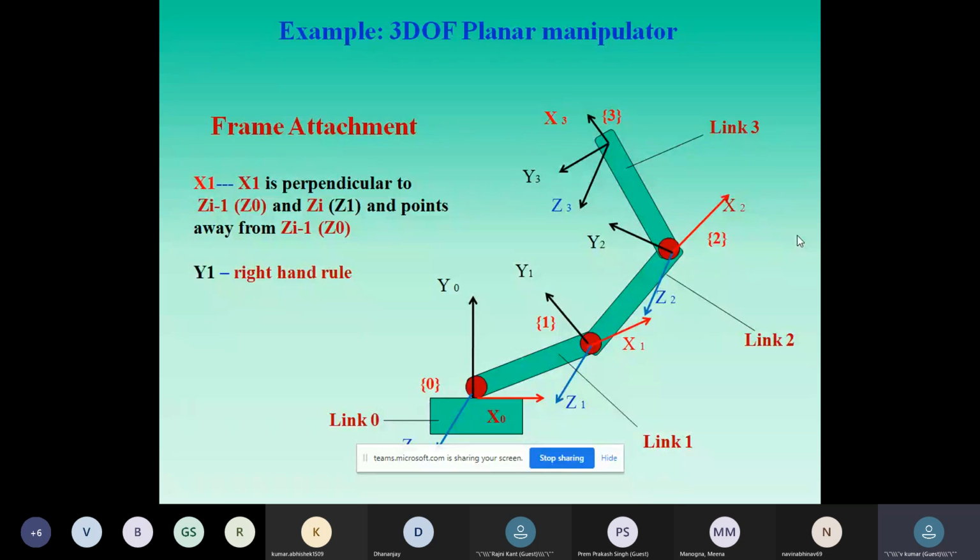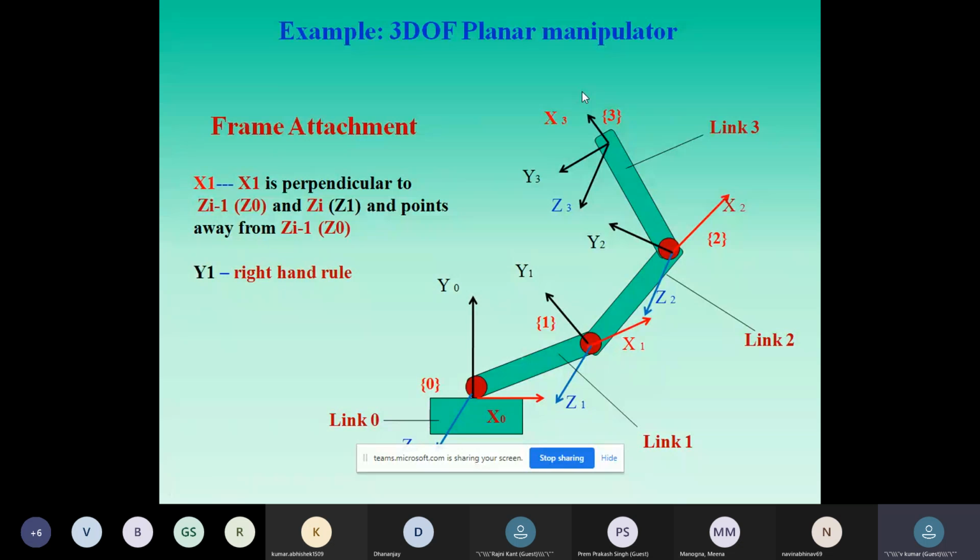Similarly, how will we define X3? X3 will be perpendicular to Z2 and Z3 and away from Z2, in this direction. Common normal to both, but away from the previous axis.